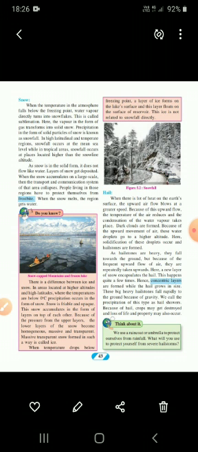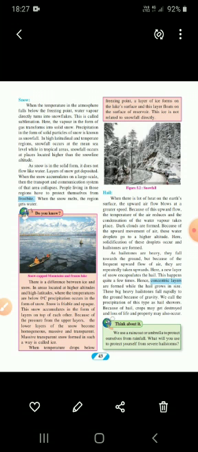Due to higher temperature above the earth's surface, there is upward airflow, and the air starts flowing upward at a very great speed. Understood? And due to this upward flow, the temperature of the air reduces and the condensation of water vapor takes place.